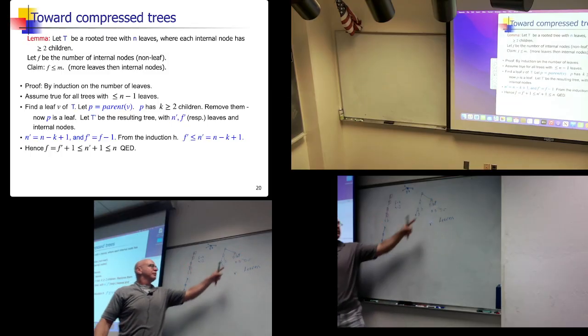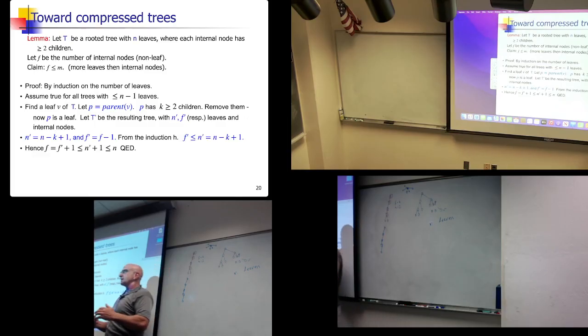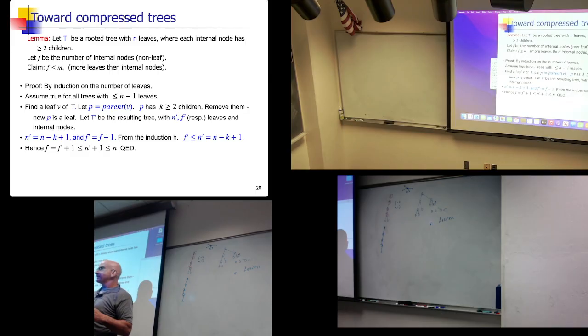And I'll ask you, when I removed V with all its siblings, in this case, what happens to the number of leaves in my little example? It decreased, but by how much? If n was the original number of leaves, what is n right now, after I did my little surgery?